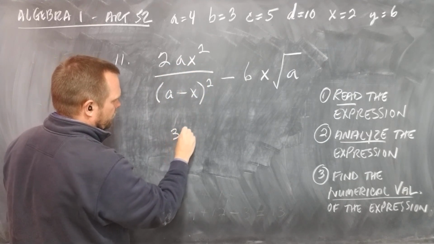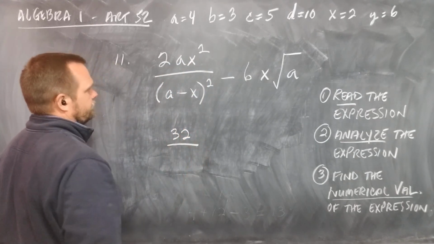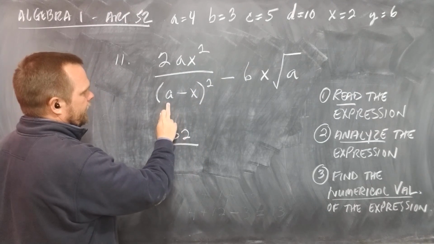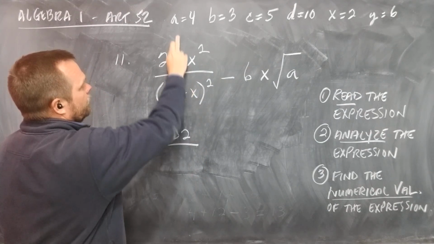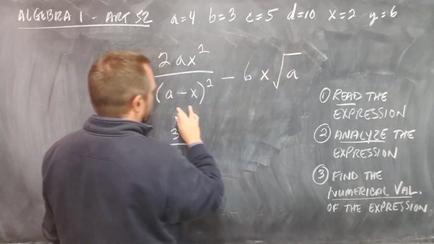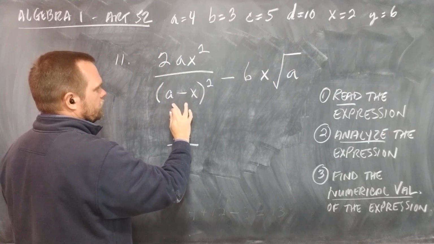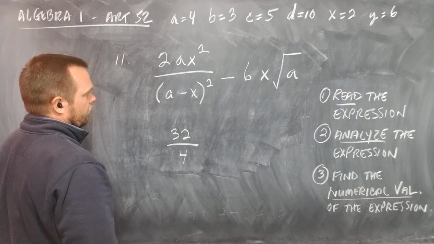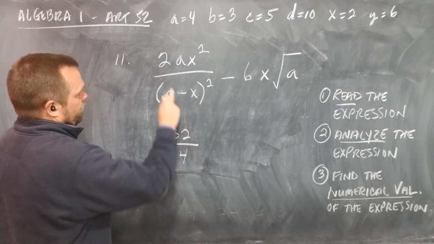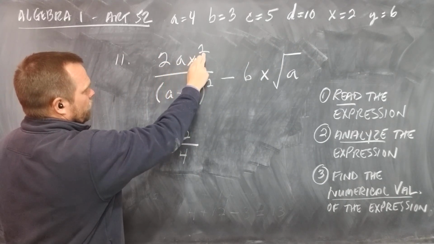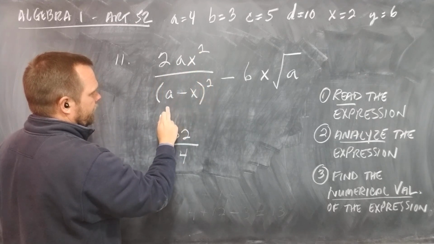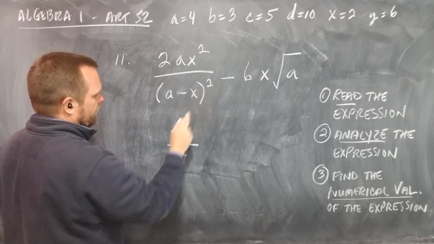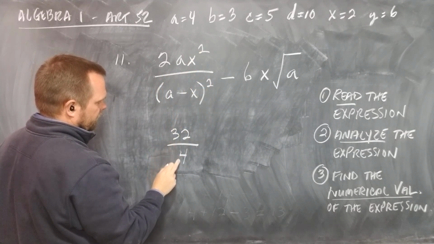That gives us 32. a minus x, 4 minus 2 equals 2. 2 squared equals 4. So the value of 2ax squared divided by (a minus x) squared is 32 divided by 4.